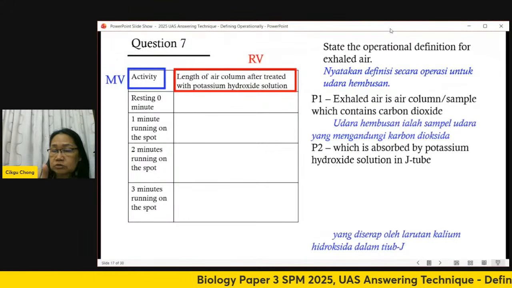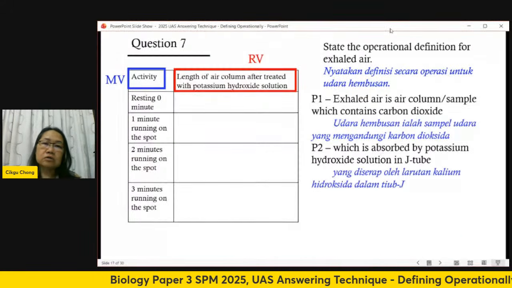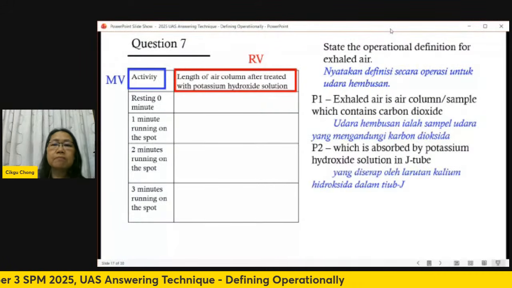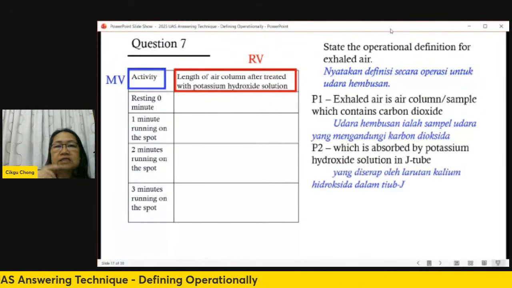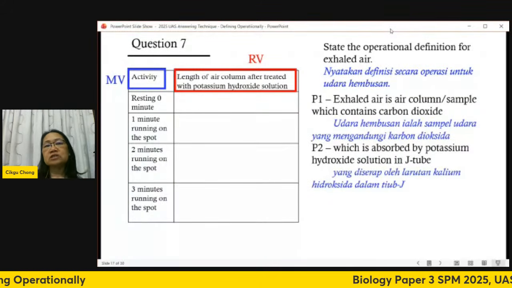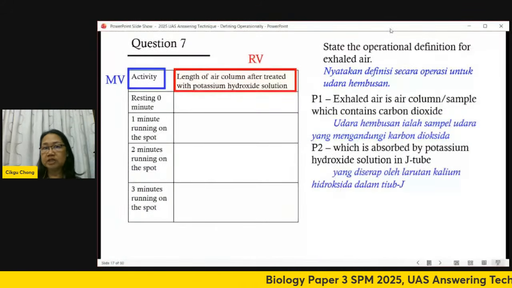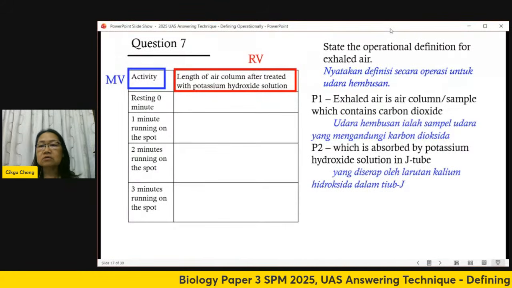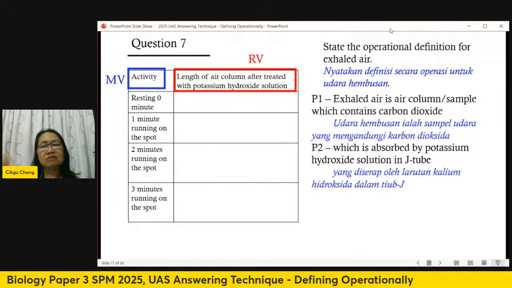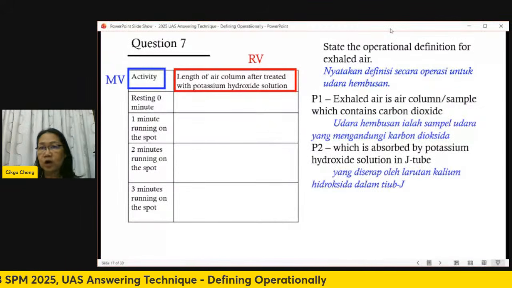And number 2, second point, how do you get the amount of carbon dioxide? It will be absorbed by the potassium hydroxide solution in the J tube. You use the J tube to measure that, to find out. So remember, whatever was used, put it inside your answer.